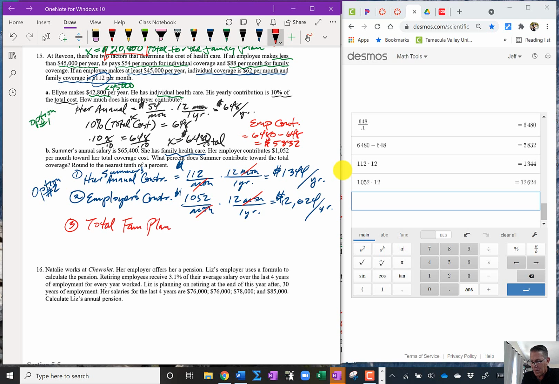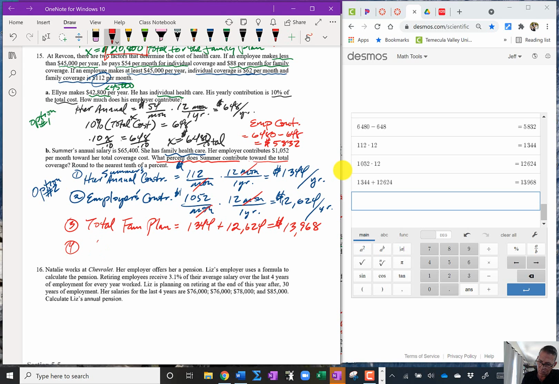Now it says, what percent does Summer contribute towards the total? That's the question. So step 4, the percentage for Summer. To get that, I always just take part out of total. That's how I remembered it as a little kid. Her portion is $1,344, and the total is $13,968, and you just have to divide and get a percentage.